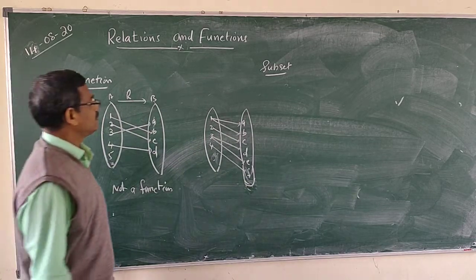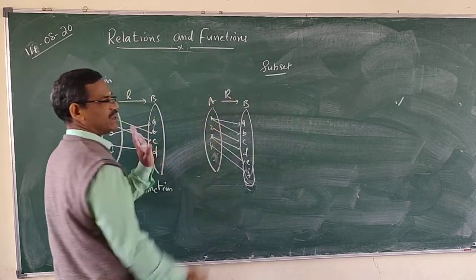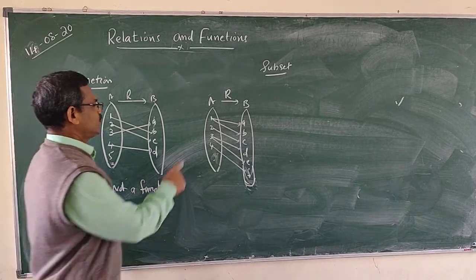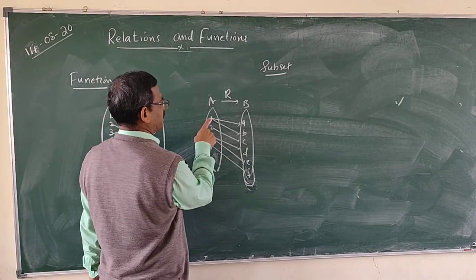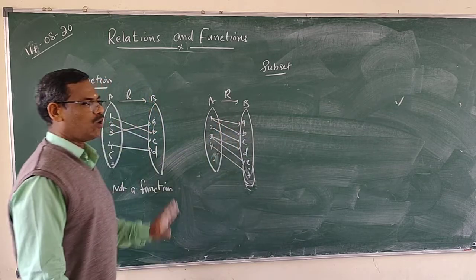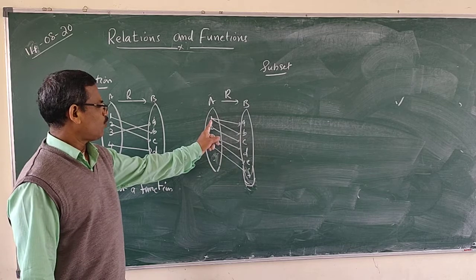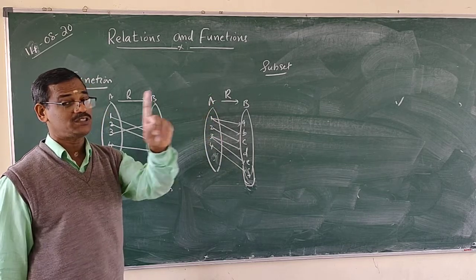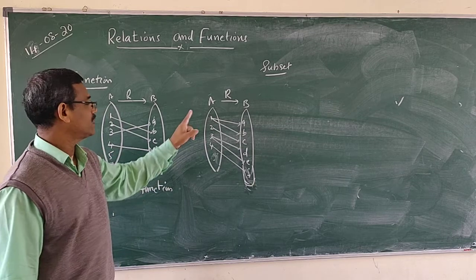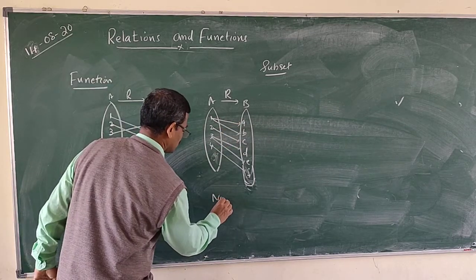They are connected with some relation. Whether this relation is a function or not. See, the element 1 is connected with A and 1 is also connected with B. By the definition, one element should be connected with one and only one element of the second set. But here 1 is connected with 2 elements. Therefore, it is not a function.